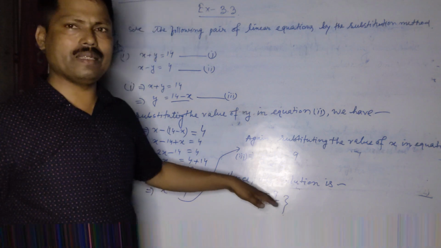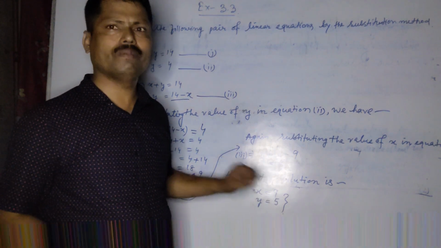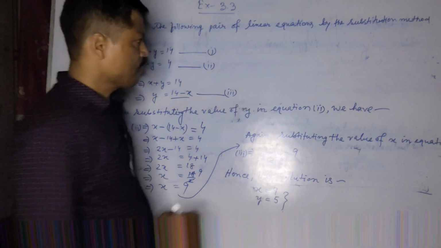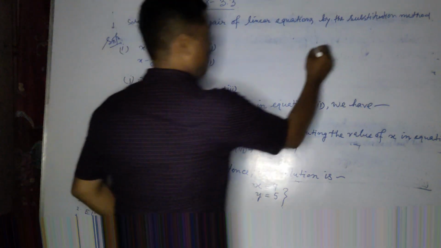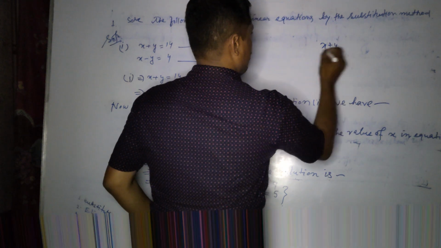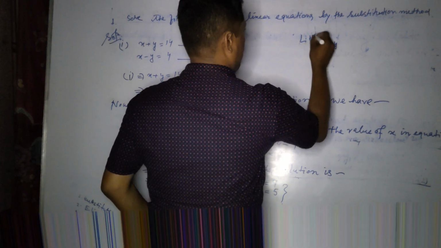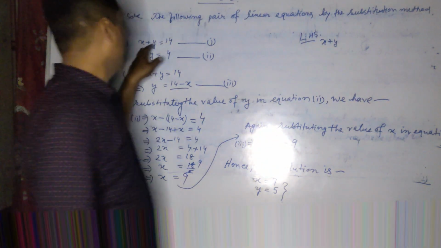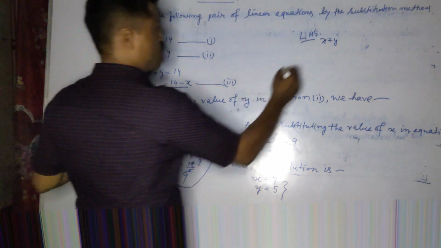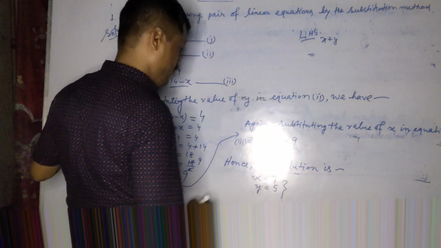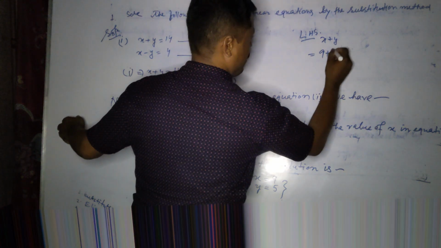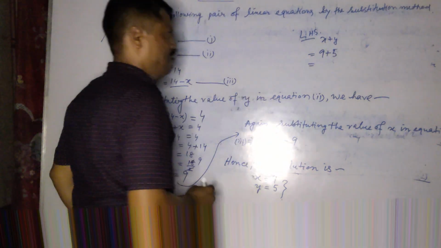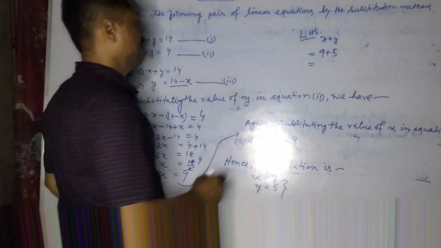See here, x is equal to 9 and y is equal to 5. So now we have to take one equation, left hand side, let it be x plus y. So left hand side of equation 1 is x plus y. X value is 9 plus y value is 5. So after adding this, 9 plus 5, we are getting 14.